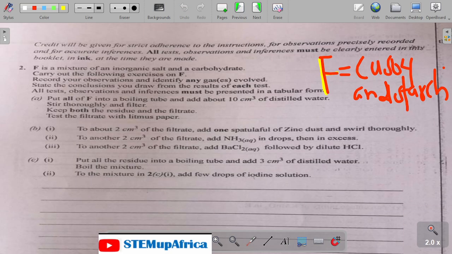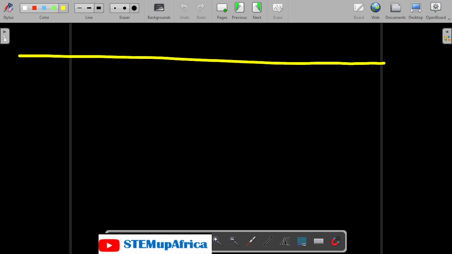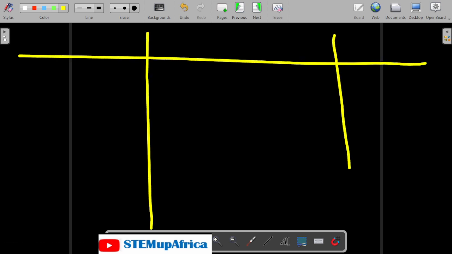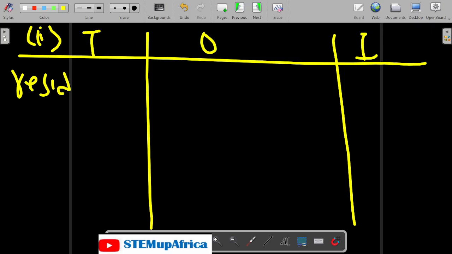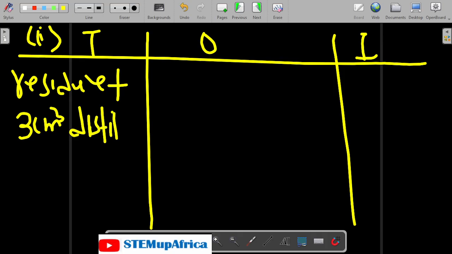Let's see question C. Now it says put all the residue into a boiling tube and add 3 cm cube of distilled water, then boil the mixture. So I will say Roman figure 1 now, C1: test, observation, inference. So I'm having residue plus 3 cm cube of distilled water.